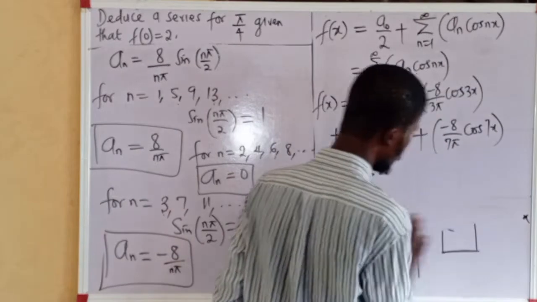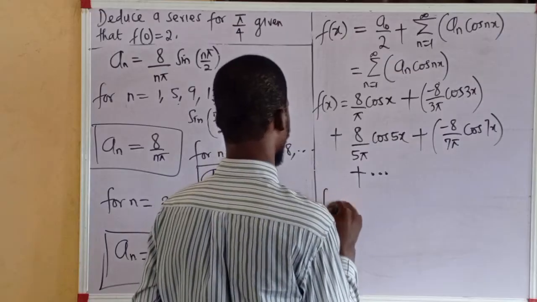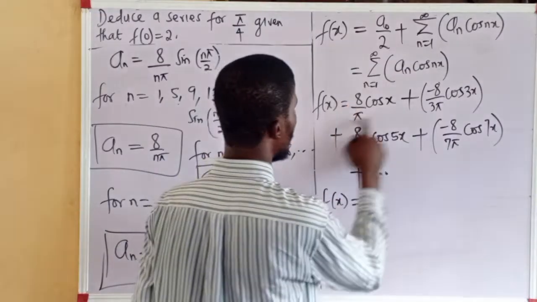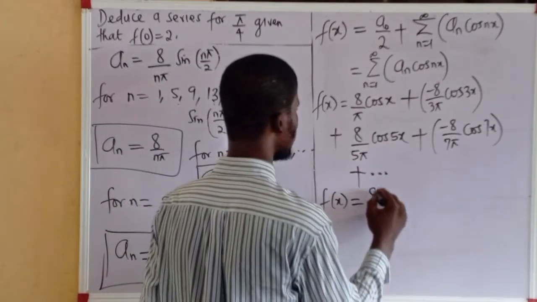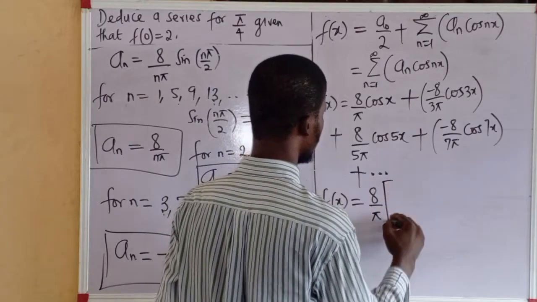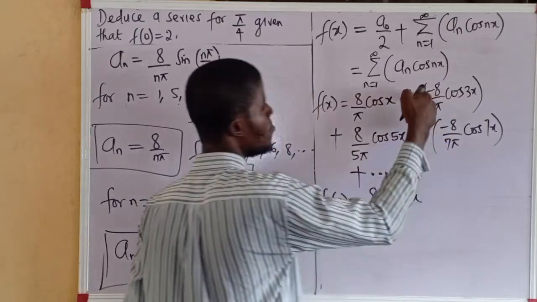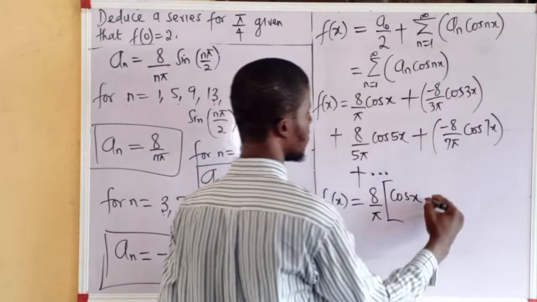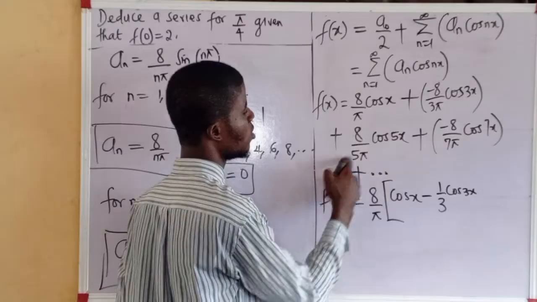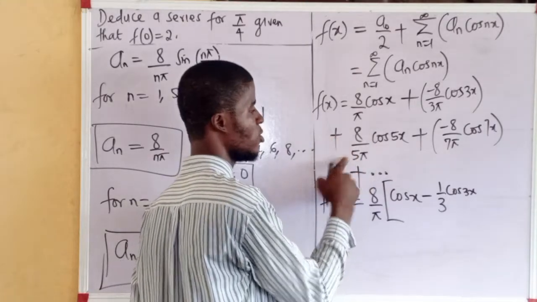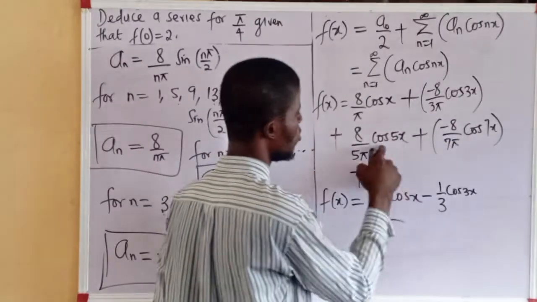So, I don't think we need this diagram anymore. Let's simplify in one step. This is it. We have f of x equal to 8 over pi, which is common to all terms. It is obvious. So if 8 over pi comes out, we'll be having cos x left, then minus 1 over 3 cos 3x, then plus 1 over 5 cos 5x.